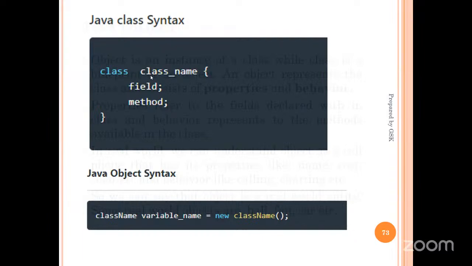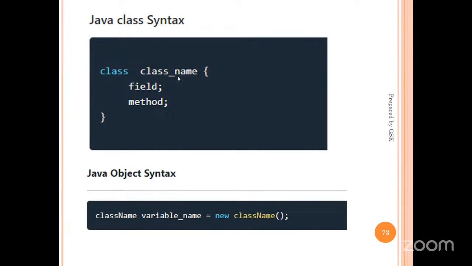Then, how to create a class and how to create an object using the Java programming language. The syntax to create a class is: class. Class is a keyword in Java. Class, space, then write the class name, where you should not give a space in the class name, and don't use any special symbols.